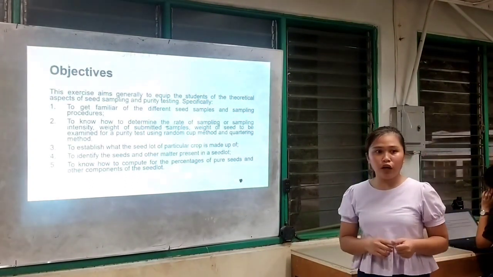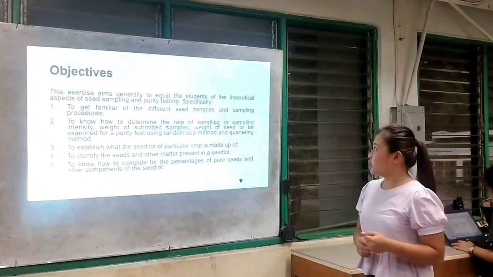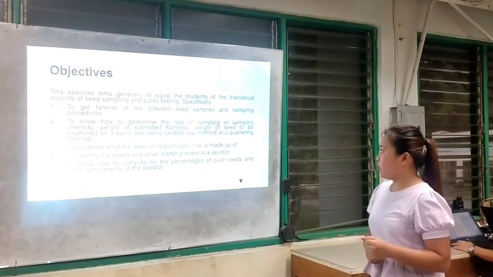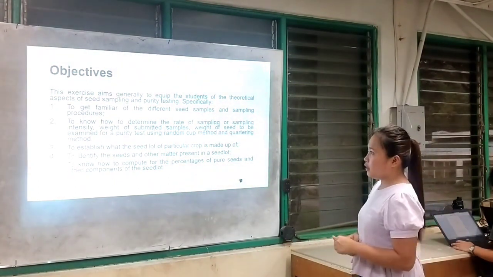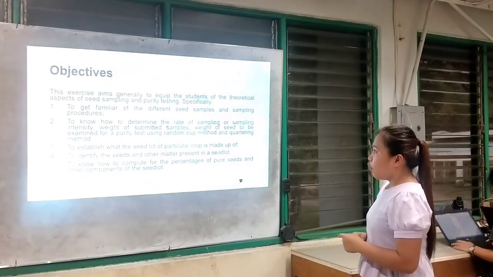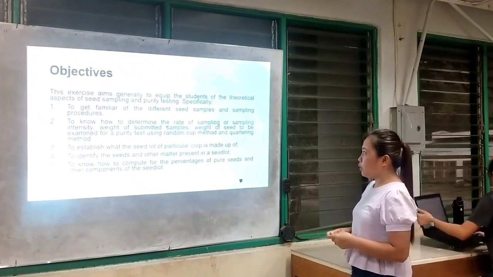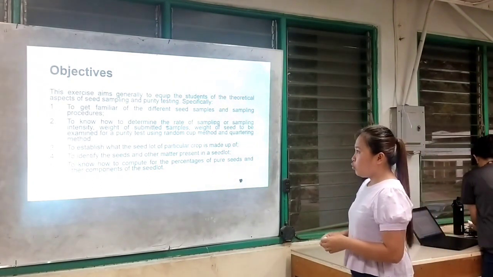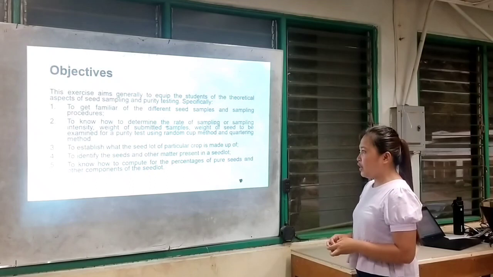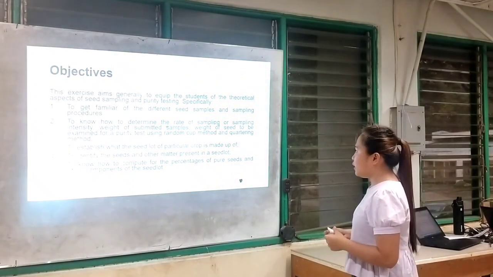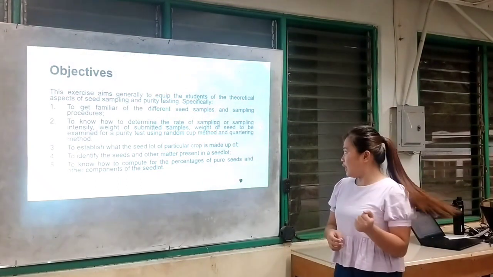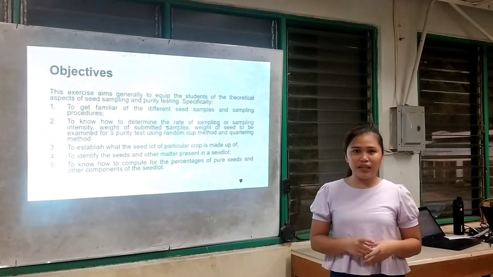Specifically, to get familiar with the different seed samples and sampling procedures, to know how to determine the rate of sampling or sampling intensity, weight of submitted samples, weight of seeds to be examined for a purity test using the random cup method and quartering method, to establish what the seed lot of a particular crop is made up of, to identify the seeds and other matter present in a seed lot, and to know how to compute the percentages of pure seeds and other components of the seed lot.